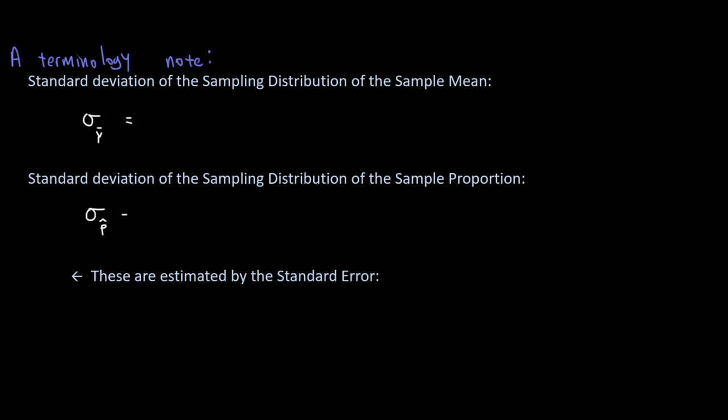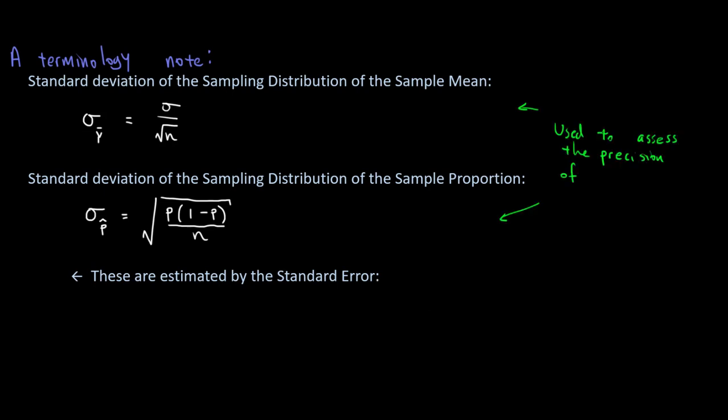And these are both features of the sampling distribution, and they're theoretical, as typically sigma and p are population parameters that are unknown. However, these are used as ways to estimate the precision of these statistics. So these are ways to quantify the precision of the sample mean and the sample proportion.